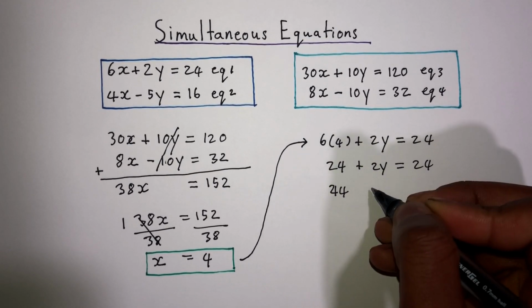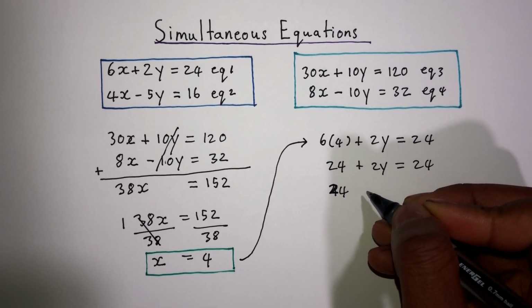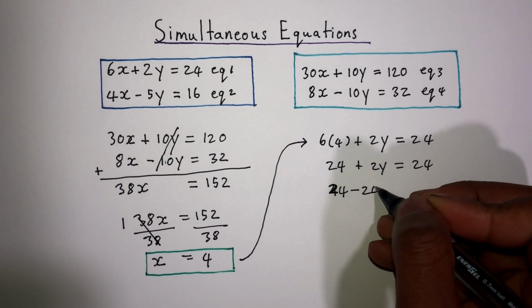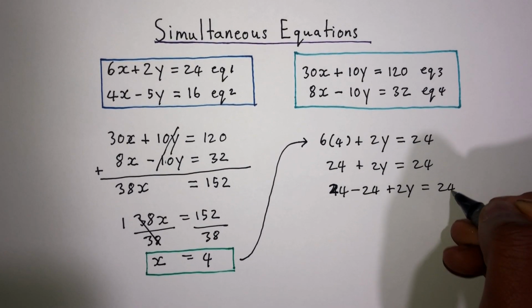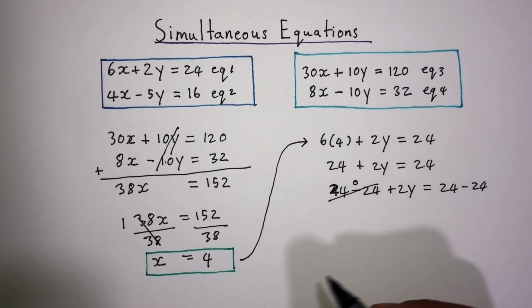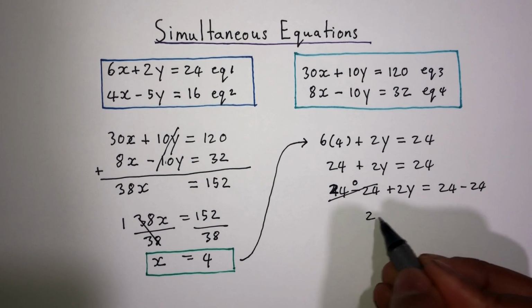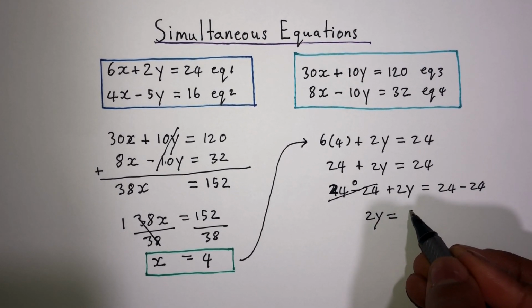Subtract 24 from both sides: 24 minus 24 plus 2y equals 24 minus 24. This is 0. We're now left with 2y equals 24 minus 24, which equals 0.